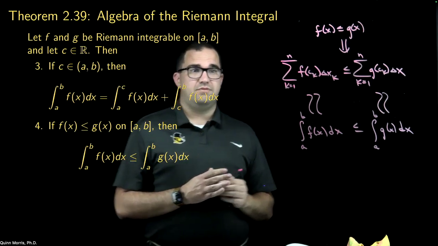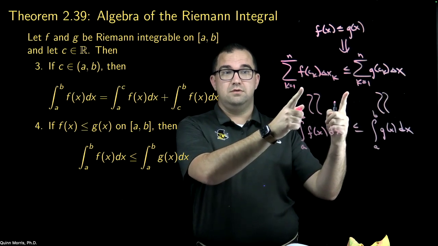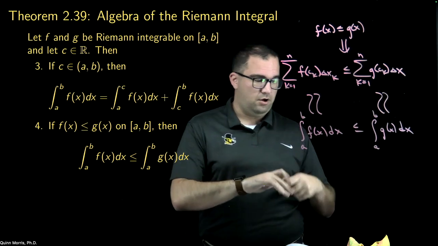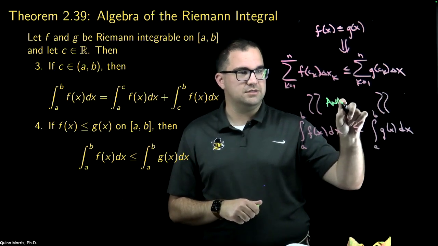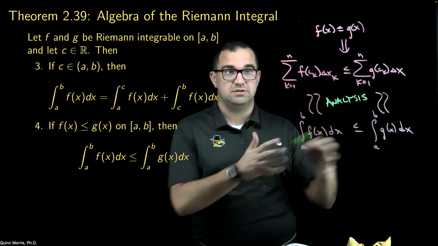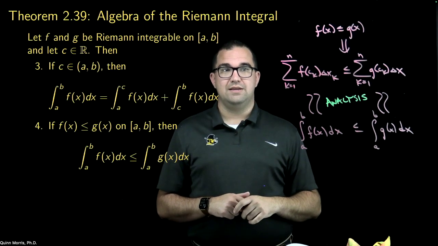So the idea of a lot of these proofs is you establish that it works first for sums. And then once you know it works for sums, you try to prove somehow, and this isn't magic, it's analysis, usually via the definitions of these objects, that it actually holds for the integral.